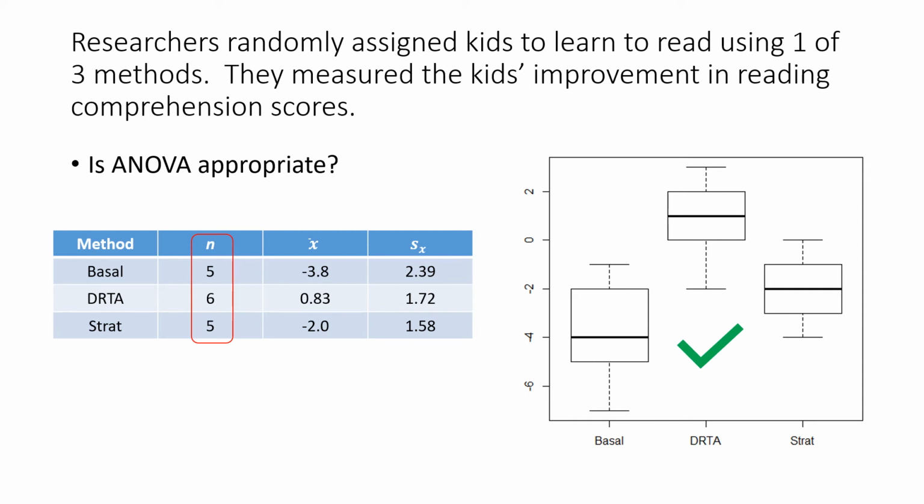For the second part of the validity conditions, the largest standard deviation is 2.39 and the smallest is 1.58. 2 times 1.58, the smallest standard deviation, is 3.16. So the largest standard deviation, 2.39, is less than 2 times the smallest standard deviation. So the second validity condition is satisfied also. That means that yes, an Anova is appropriate.